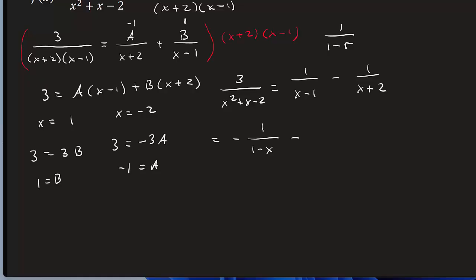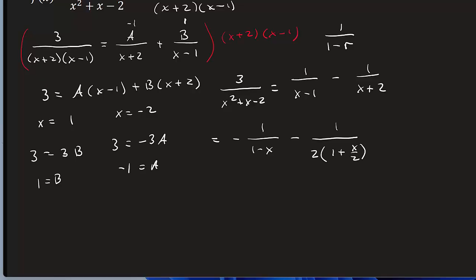And then that is going to be minus, all right, so let's see what we've got to do here. Let's factor out a 2 from the denominator. So that's going to be 1 over 2 times, and when I do that, that's going to leave me with 1 plus x over 2.